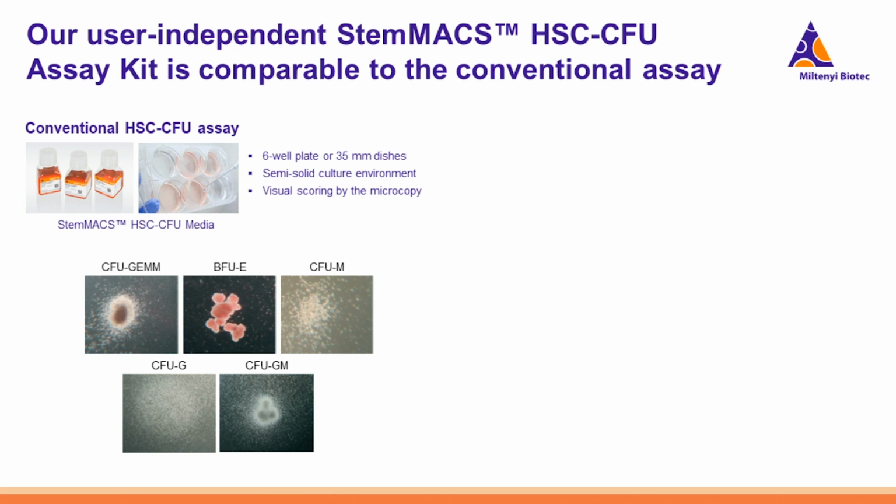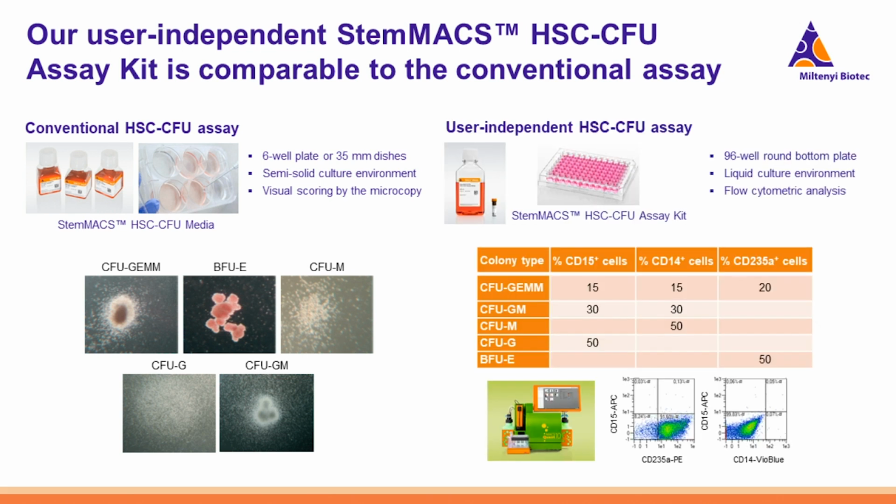The conventional HSC CFU assay is performed in a 6-well plate or 35 mm dishes. The cells are cultured in a semi-solid culture environment, which restricts cell movement and ensures clonogenic growth. The colonies are analyzed by visual scoring.